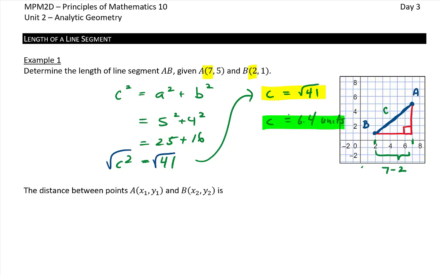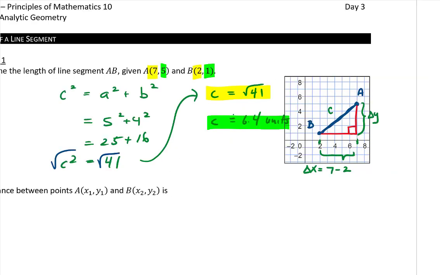So if you think of rise over run, this is our delta x. Similarly, if we look at this closely, this is delta y. And delta y takes the two y values, 5 and 1. So the delta y is equal to 5 minus 1, which gives us our 4. So there's our 4 units for our delta y, our 5 units for our delta x.